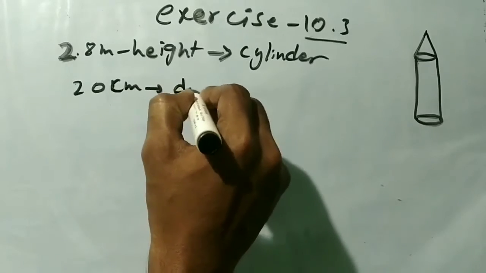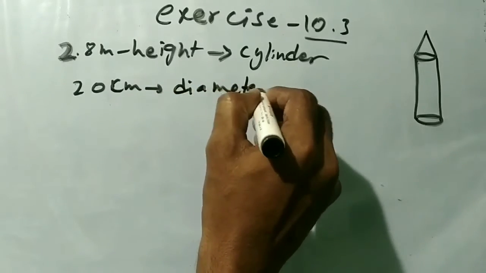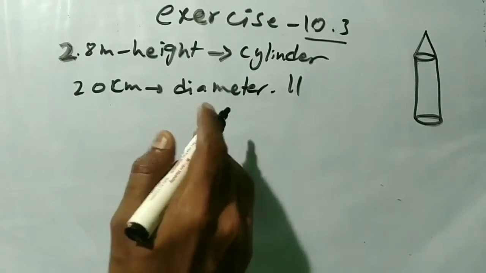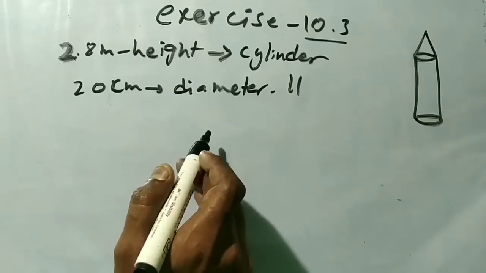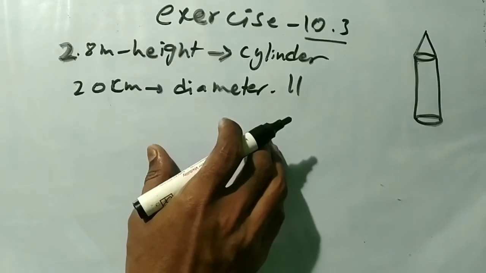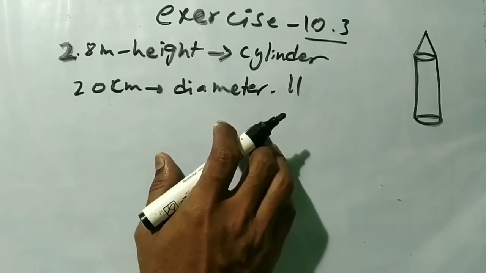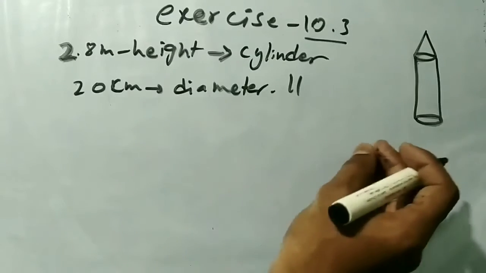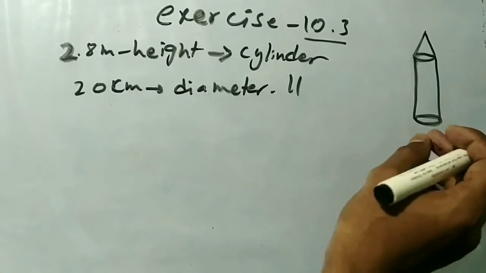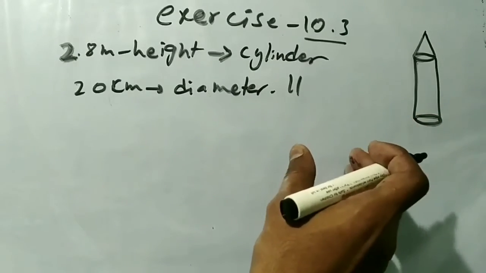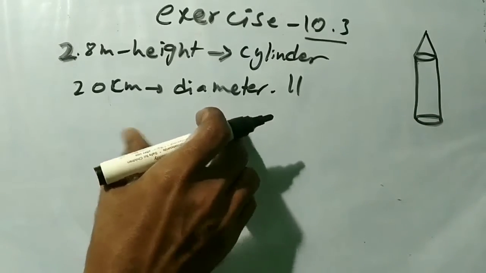That is the diameter of the cylinder. So we got this. First we have to find the volume of the cylinder, because they have asked for the weight of the pillar. Weight is nothing but the total matter contained in the pillar. So we have to find the weight in order to get the answer.